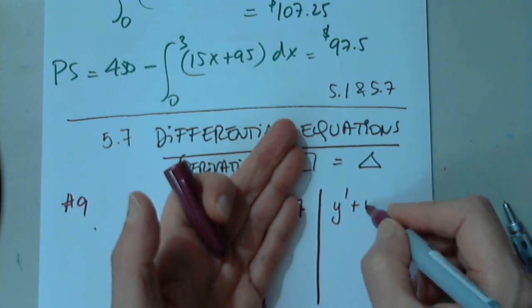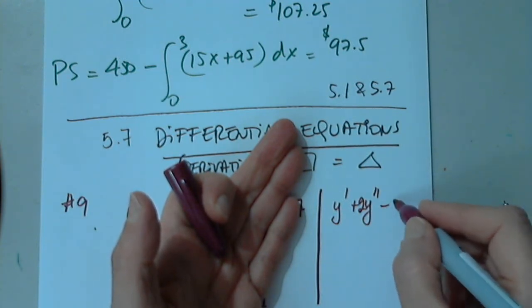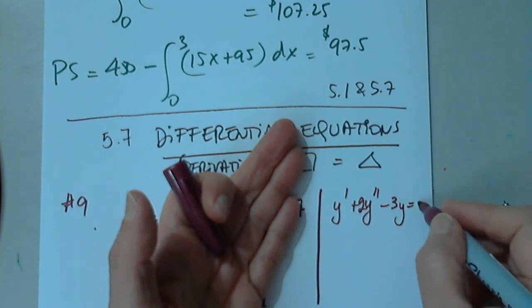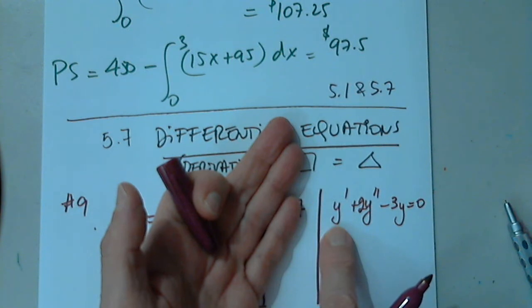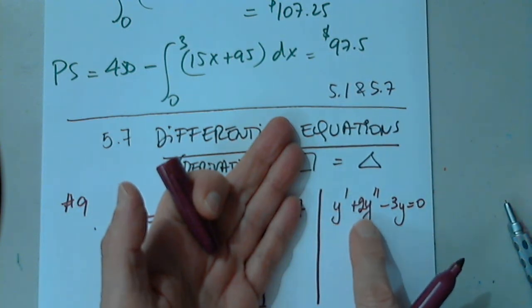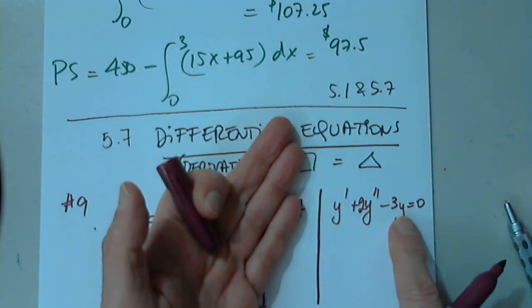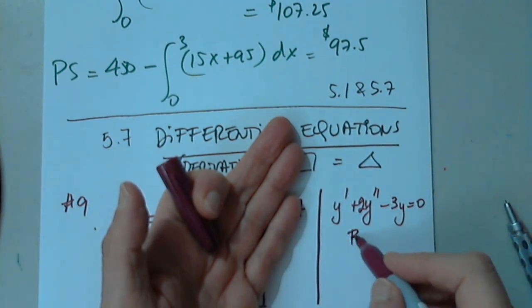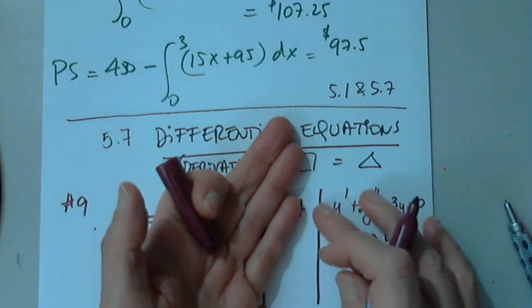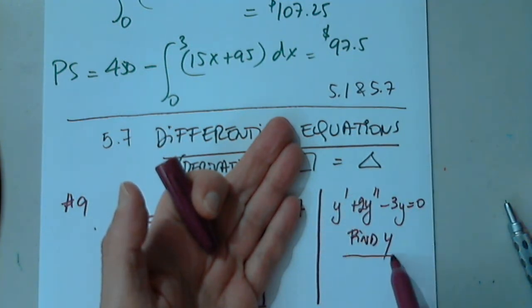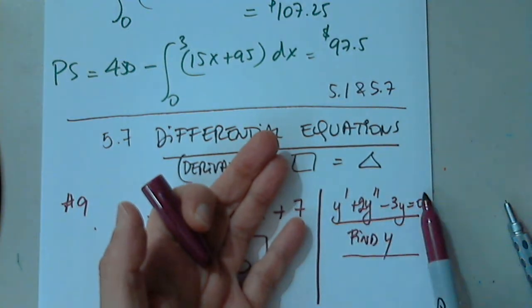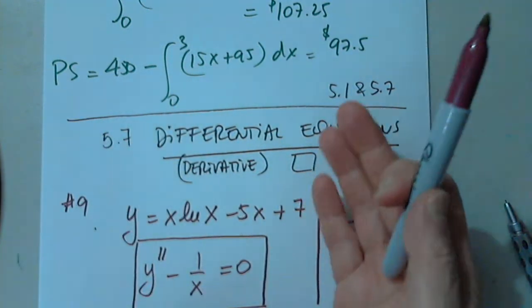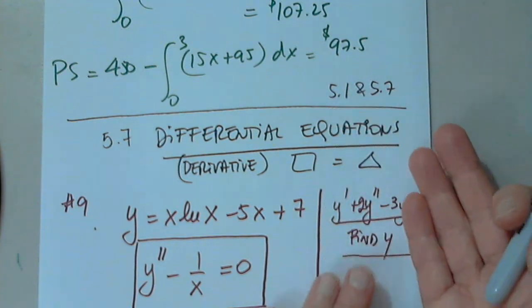First derivative plus twice the second derivative minus 3 times y equals 0. So we have a function that is differentiated here, the first derivative plus twice the second derivative of the same function minus 3 times the function equals 0. Find y. This is a sophisticated situation. We are not going to deal with this in this class. It's not part of this class. But this is an example of a differential equation, an equation that has derivatives in it. This here is an example, but a very simple one.